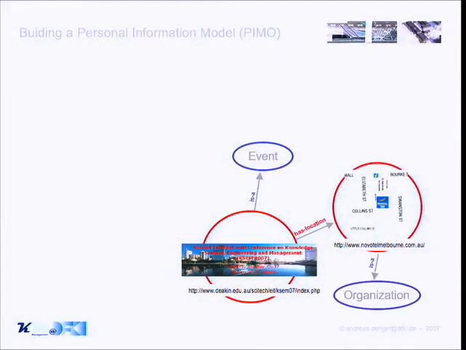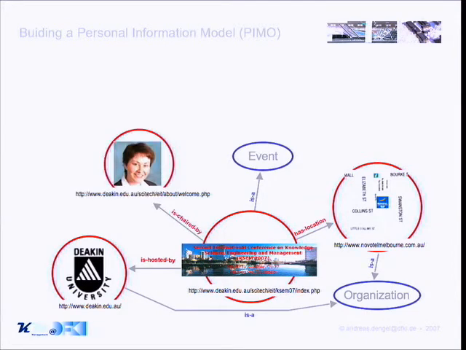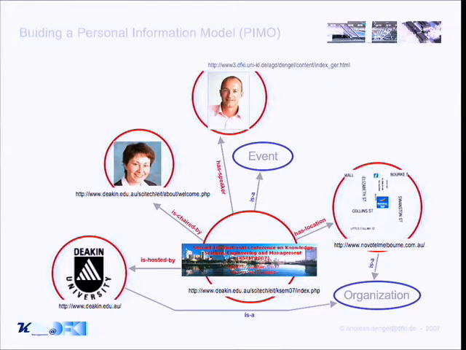And this location here is an organization. And this conference is hosted by another organization. And this also is chaired by somebody who has their own web page. And there's a speaker, namely me, who has another web page, and both of these are persons.